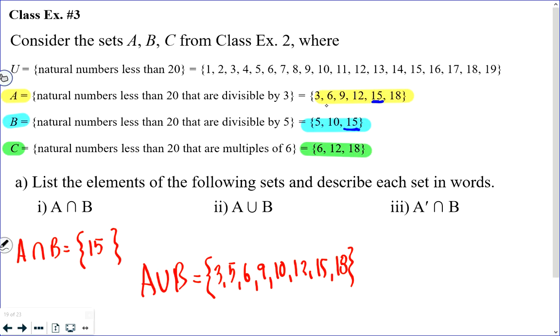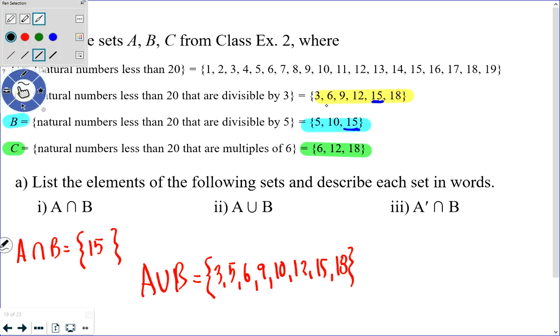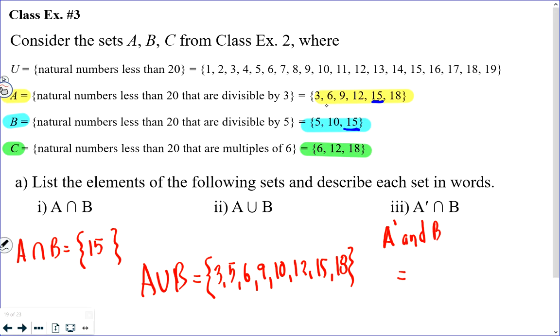So what about the intersection of not A and B? So this is not A and B. This is what this means. I think it's good advice to write down what not A is. And I'm just going to squeeze it in at the top of the screen here.